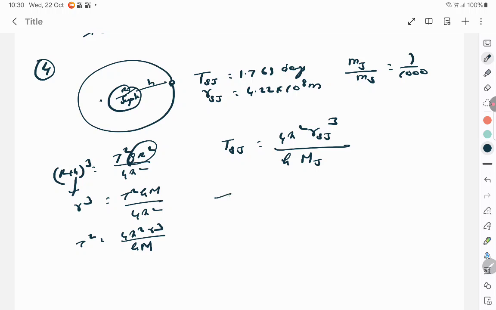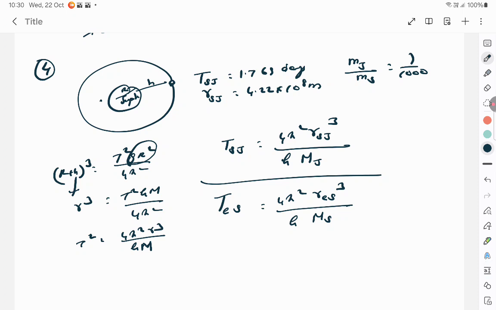And then compared with Earth and the Sun, which is 4 pi square times the radius of the Earth's orbit around the Sun the whole cube, by the gravitational constant and the mass of the Sun. They want the ratio of the masses, not the time period.